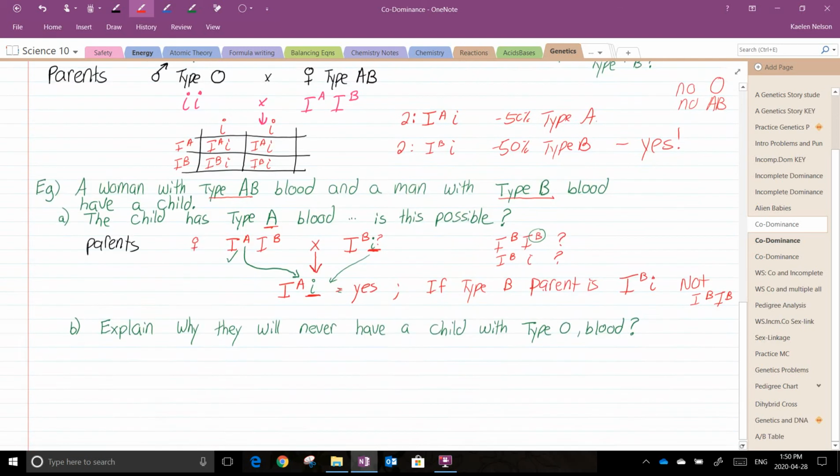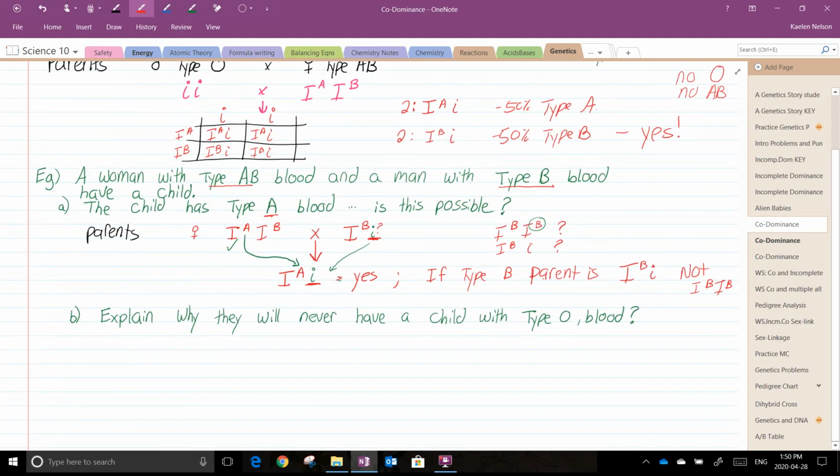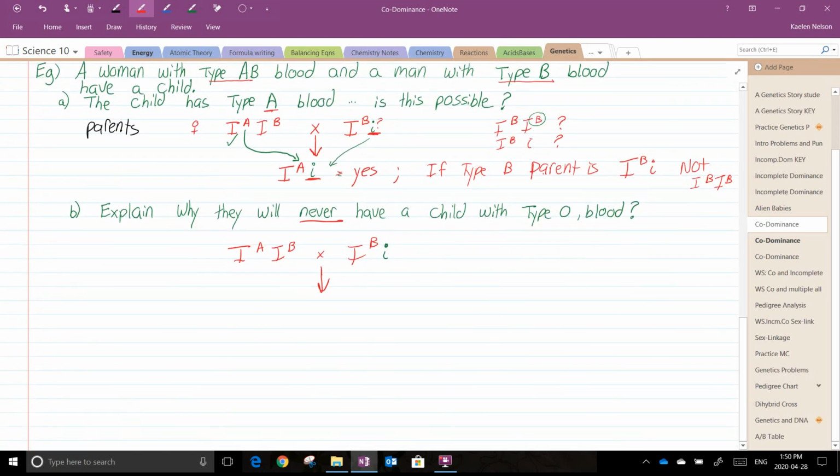Okay, and then my next question asks to explain why they will never have a child with type O blood. So I'm going to go back to my parents again. I knew that the woman was type AB, and I know the man is type B. I'm making assumptions that we're still talking a recessive gene here. And in this case, when I make my gametes for the woman, sorry, I should have drawn my Punnett square first for you.